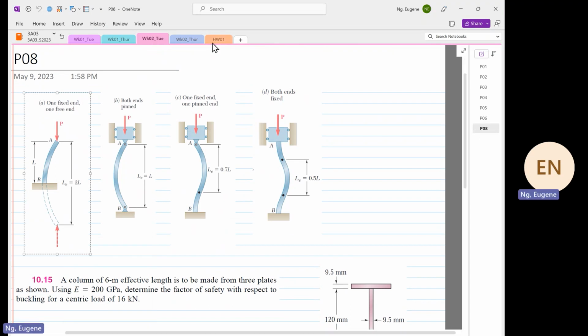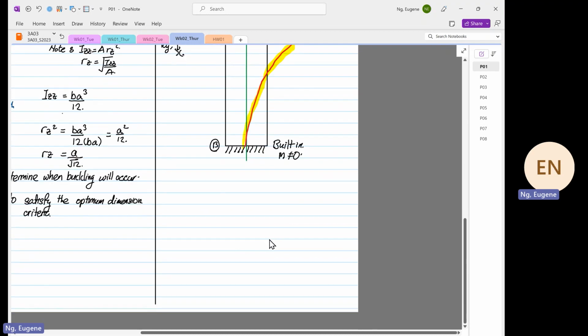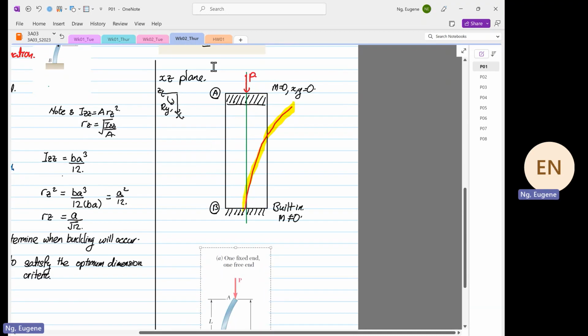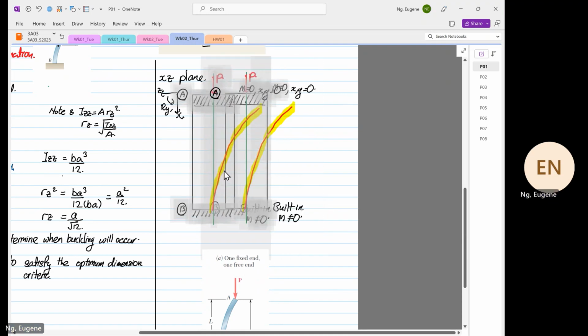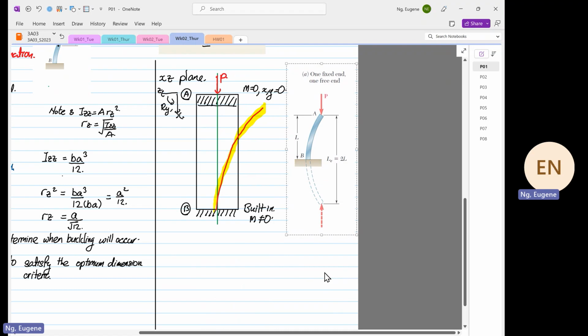With reference to this figure over here, I'm going to shift this slightly over so there's space. And you can see for yourself, one end is fixed, the other end is free.